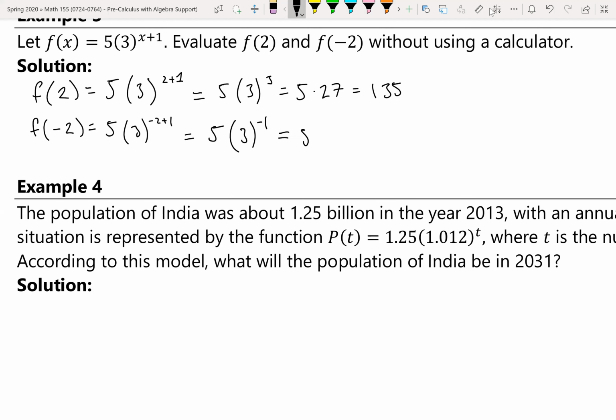So 5 times this thing right here, we get to use our negative exponent rule. It's going to be 1 over 3 to the 1, which is equivalent to 1/3. So 5 over 3, and we are done. Got that? Got it?